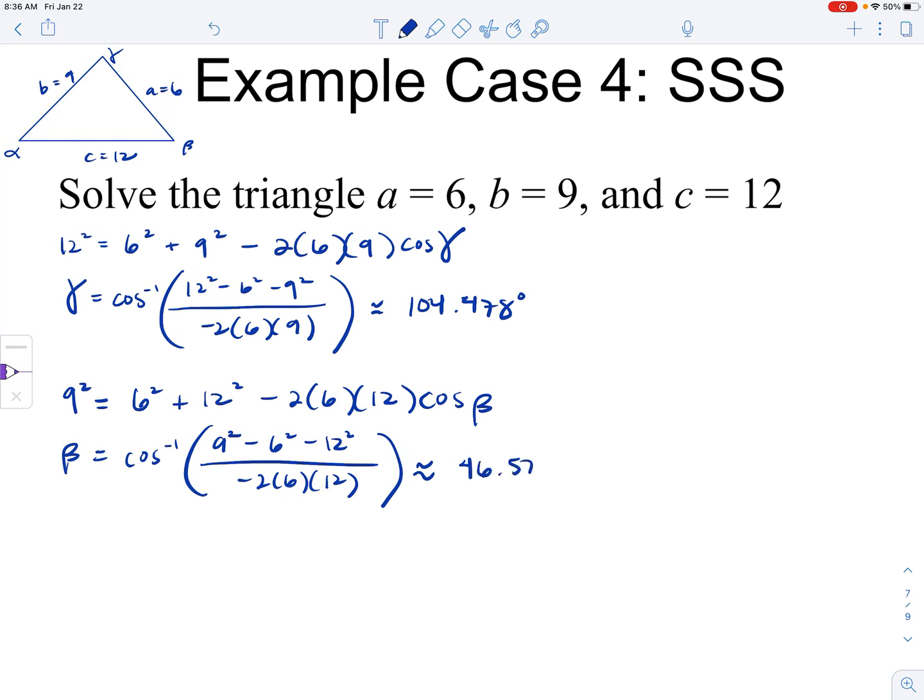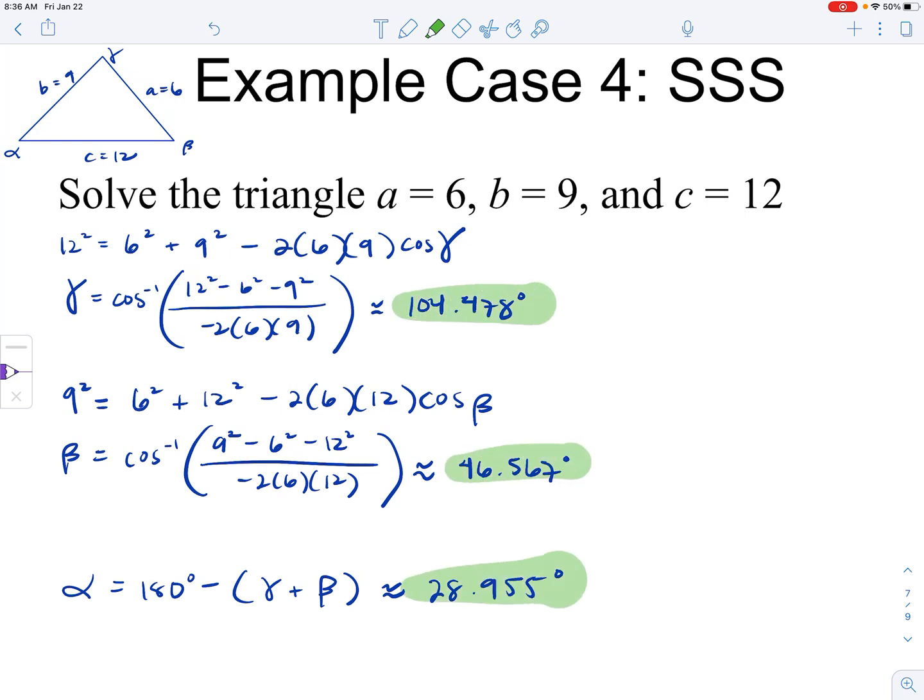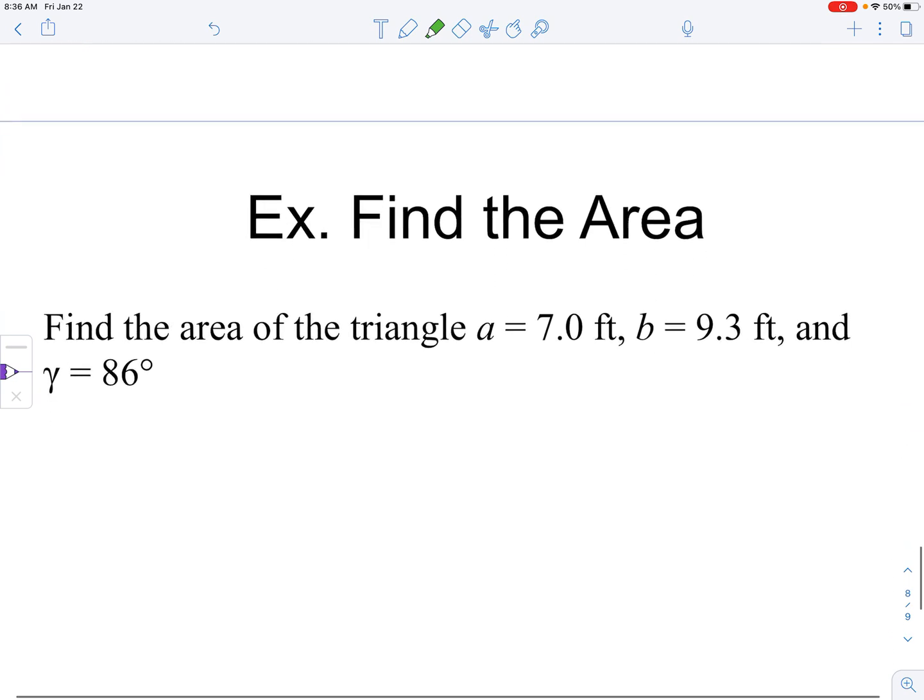Store in your calculator. Beta is approximately 46.567. And then alpha will be 180 degrees minus the sum of those other two angles. Alpha is approximately 28.955 degrees.